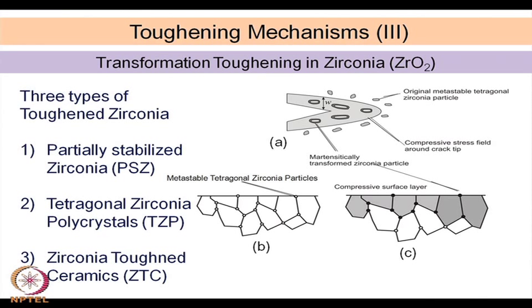One can realize a mechanically stress induced transformation. That means, if you apply a stress, it gets transformed, right. Now, this particular transformation is also associated with a fair amount of volume change. Okay. There is a fair amount of volume change at this transformation, just like the alpha beta quartz transformation.